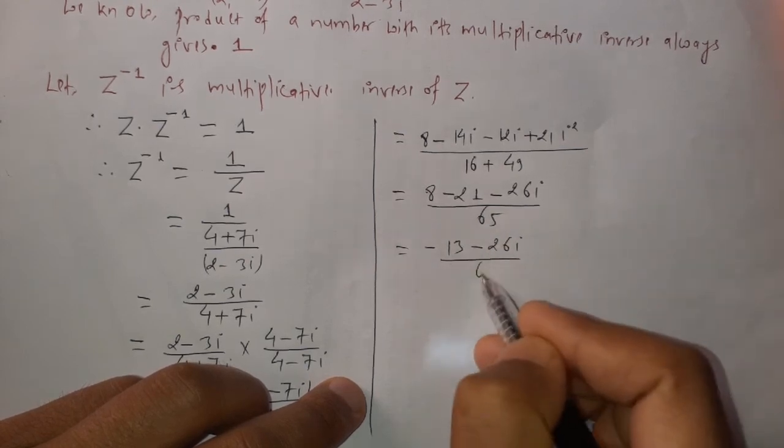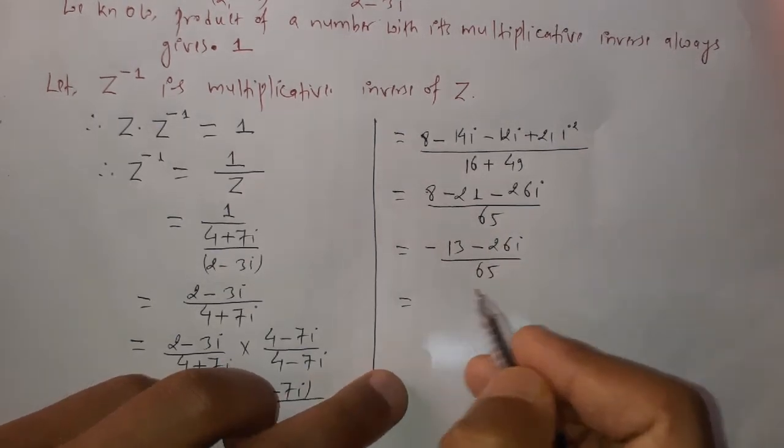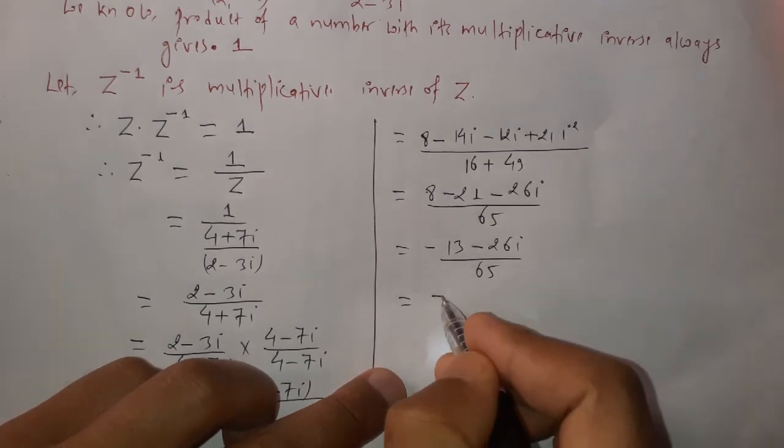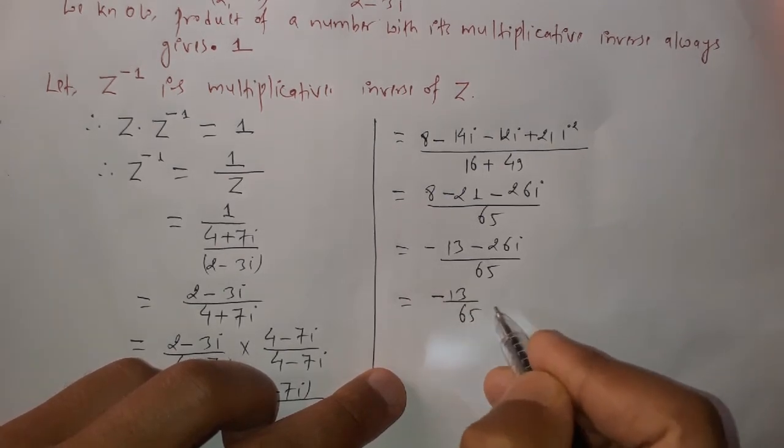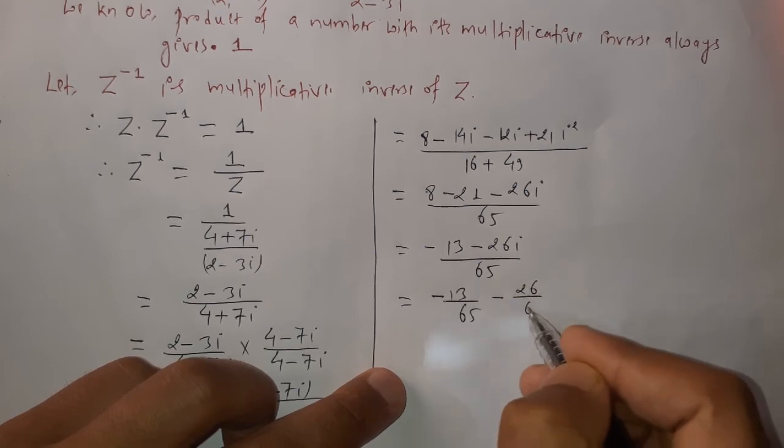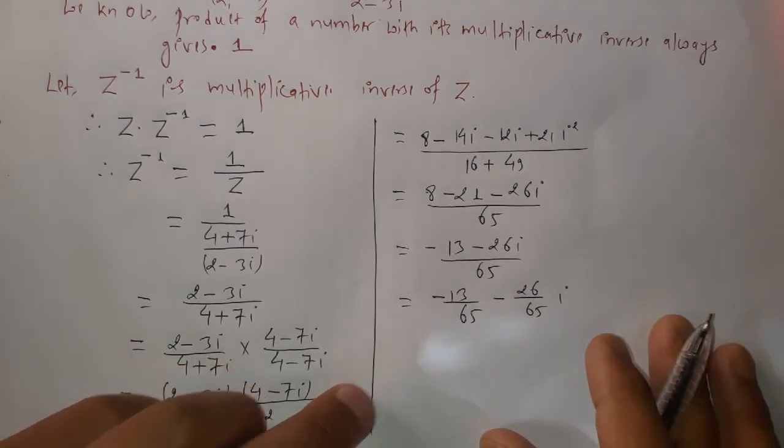It is divided by 49 plus 16, which gives 65. So this is negative 13 minus 26i divided by 65. Distributing the common denominator, we get negative 13 over 65 minus 26 over 65 i.